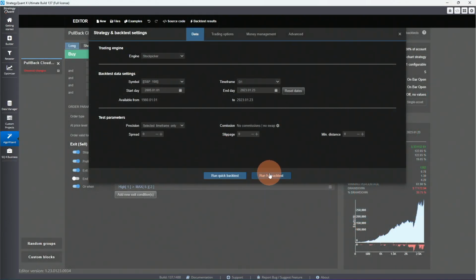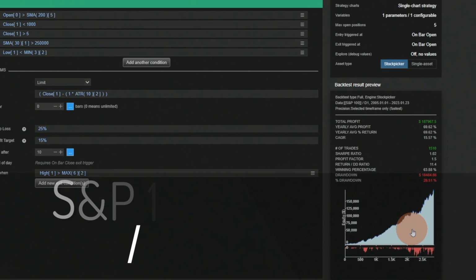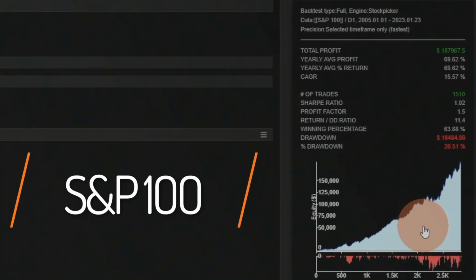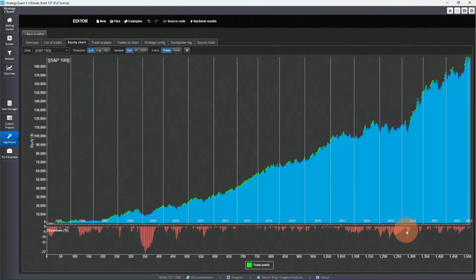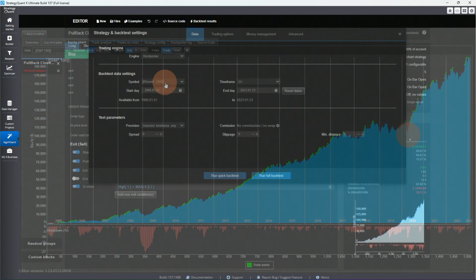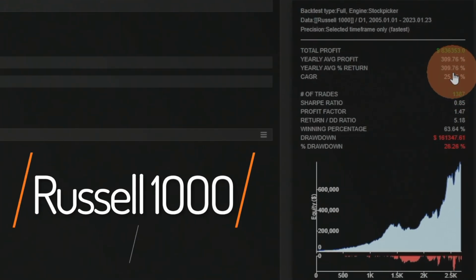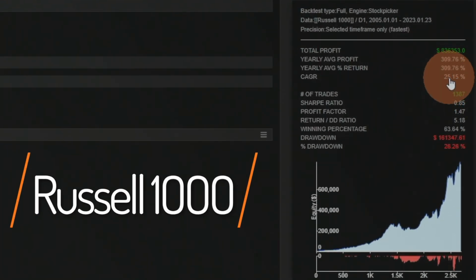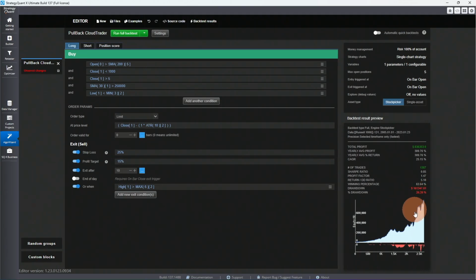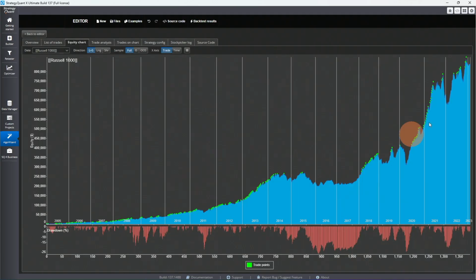This is the S&P 100. And this is correlated with the S&P 500, but it has a much better drawdown. This is the Russell 1000. And Russell 1000, look at this, making 25% compound annual growth rate with 26% drawdown. So that is the best so far.